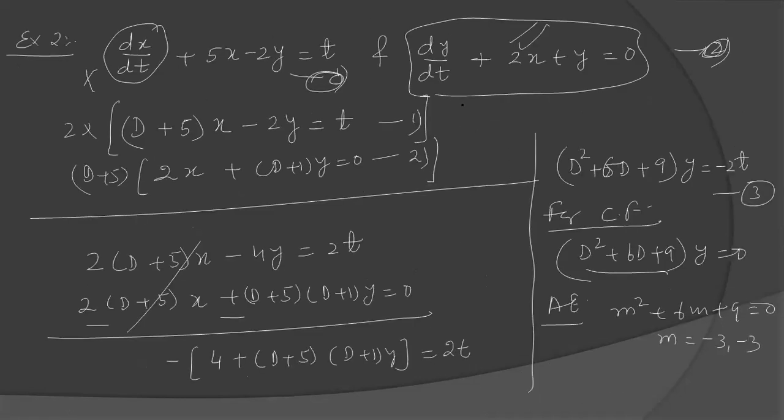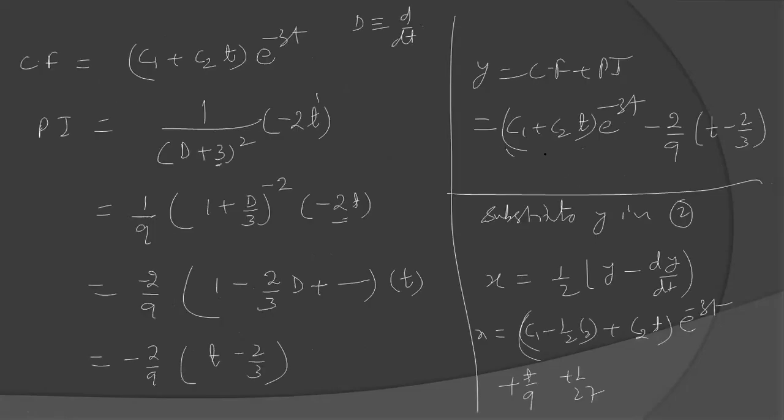Sometimes the question is given to find the arbitrary constants also. Sometimes it can be given x equal to 0 equal to y at t equal to 0, means x and y both are 0 at t equal to 0. If these initial conditions are given, then you have to find the values of arbitrary constants also, means you have to find the values of c1 and c2.